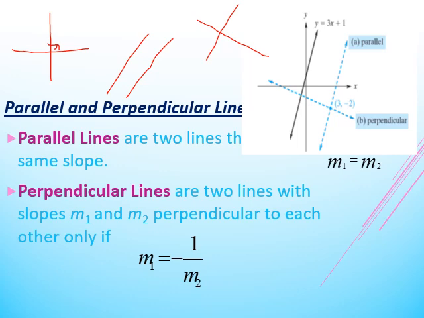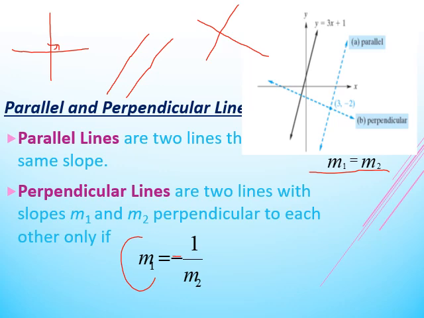Let's see how to know each case without drawing the two lines. If the two lines have the same slope, where m1 equals m2, this means that the two lines are parallel to each other. If the slope m1 equals negative 1 over m2, meaning the negative sign and 1 over the second slope, this means that the two lines are perpendicular to each other.